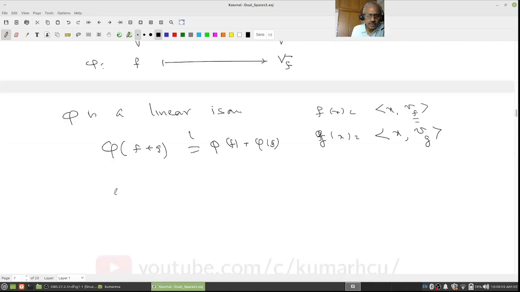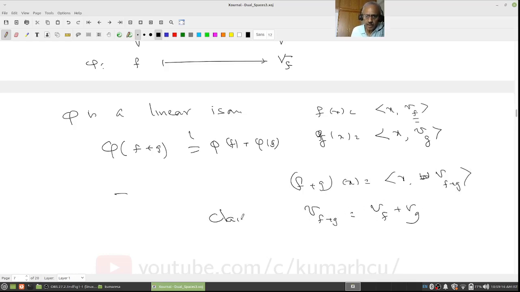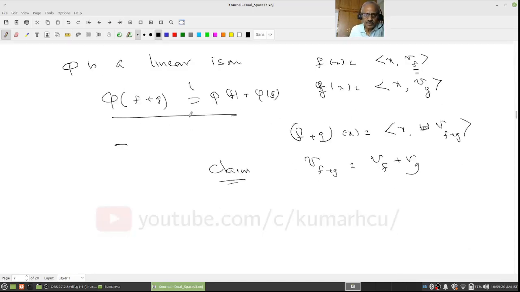Now, for f plus g, I will have some v of f plus g. So what we claim is v of f plus g is the same as v_f plus v_g. Do you understand this? We will come to this later.